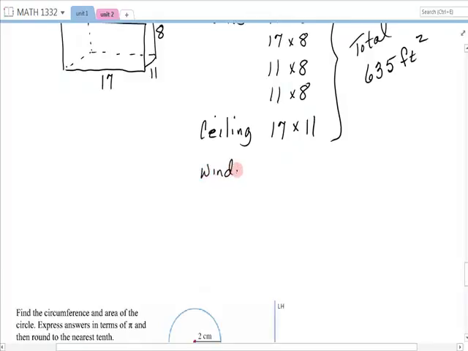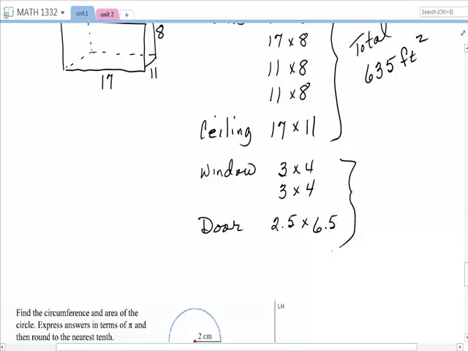So, window. The window is 3 by 4, and there are 2 of them. The door is 2.5 times 6.5. Those are all things I'm not going to paint. And that total is 40.25 feet squared.